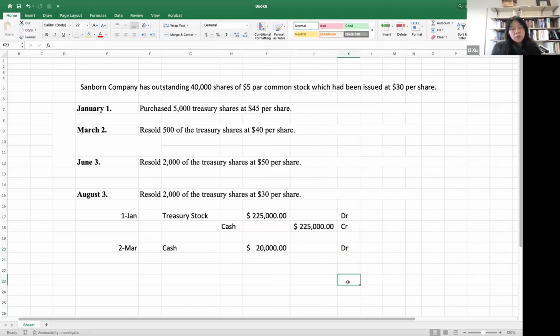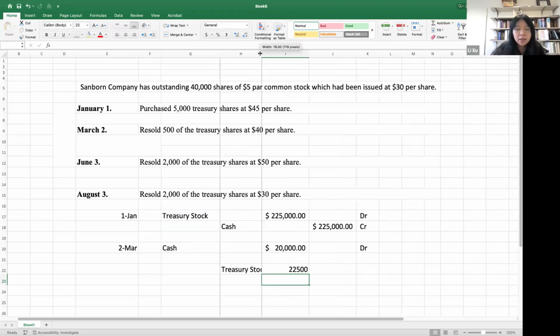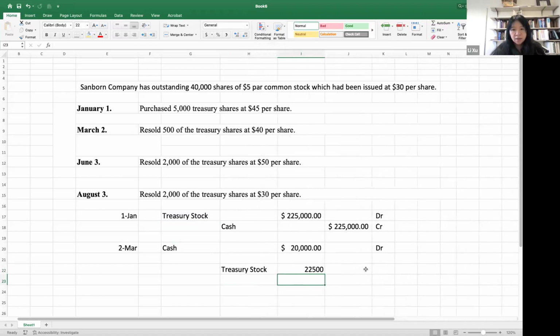So what happens when you sold the treasury stocks? You have to remove 500 shares of treasury stocks from your books. And remember, we're using the book value approach. So the valuation base is going to be how much you paid, right? 500 shares, I know you paid $45 per share. That's the amount that has to be removed by crediting treasury stock.